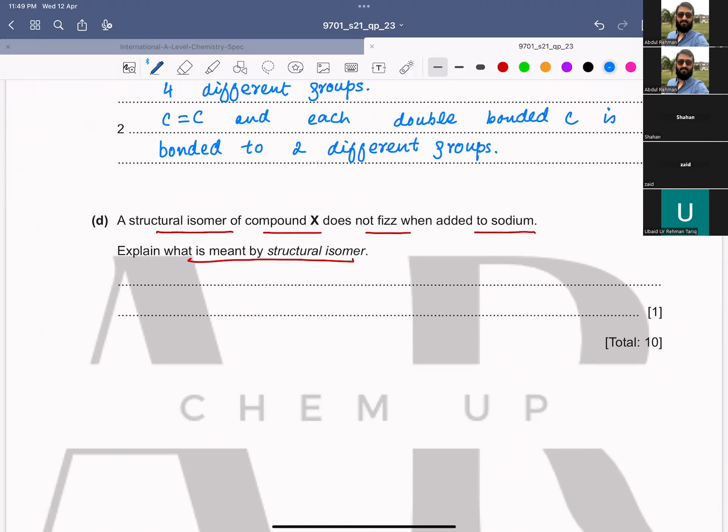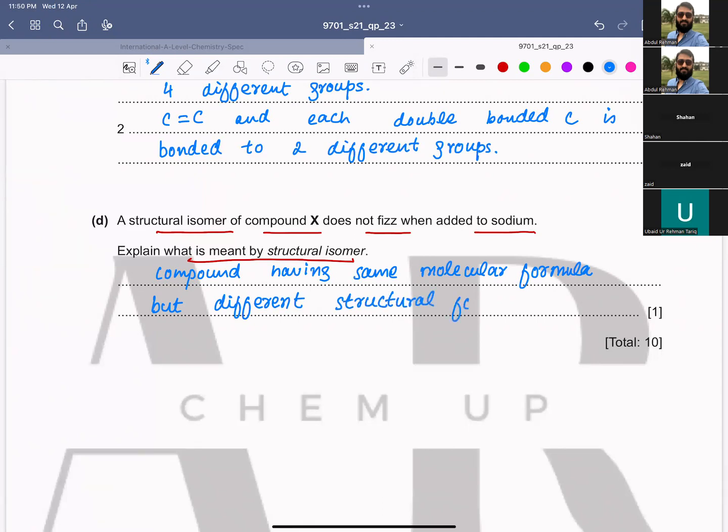So we know a compound or a molecule having the same molecular formula but a different structural formula is considered a structural isomer.